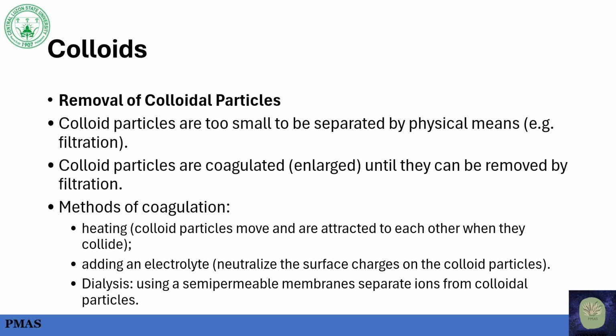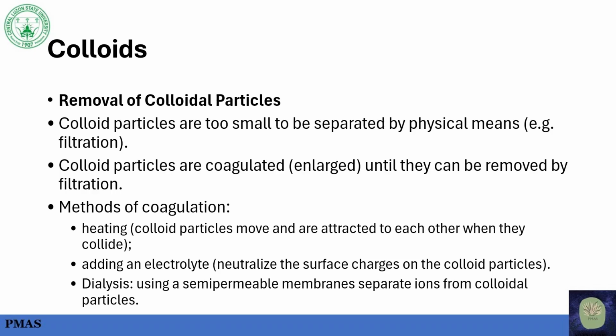Now, since colloid particles are too small to be separated by physical means, unlike filtration, we cannot easily separate them. In order to do so, colloidal particles must first be coagulated or enlarged, letting the molecules join together until they form bigger particles so they can be removed by filtration.